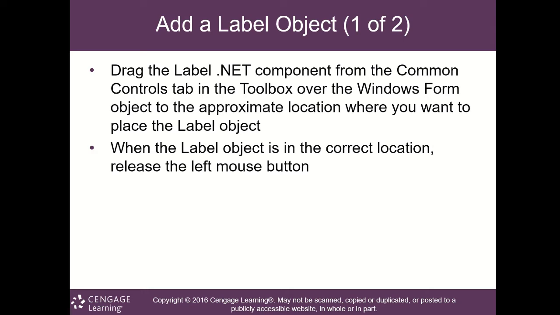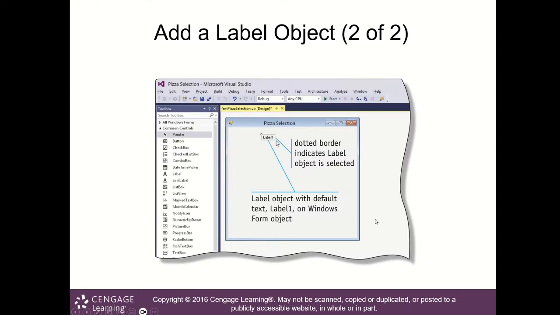When the label object is in the correct location, release the left mouse button. So here, for example, this label object is dragged to here.